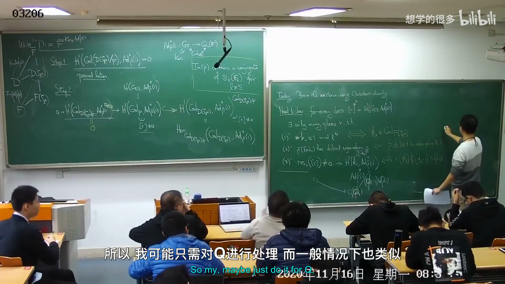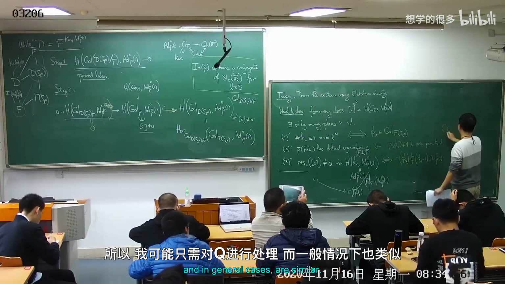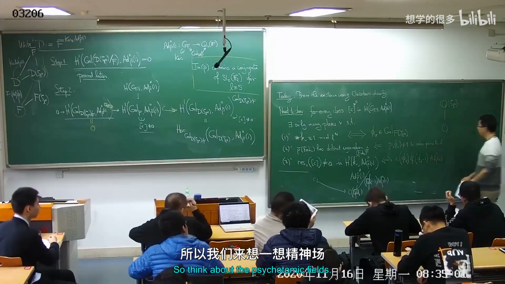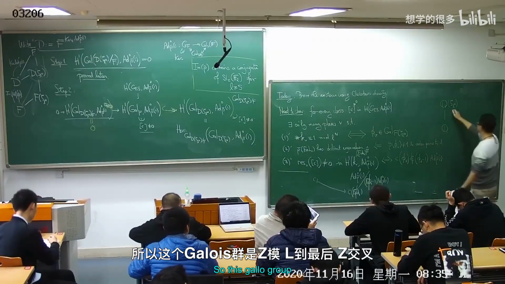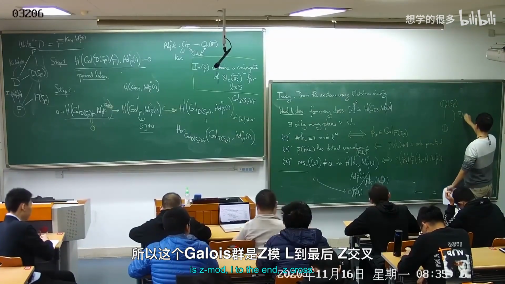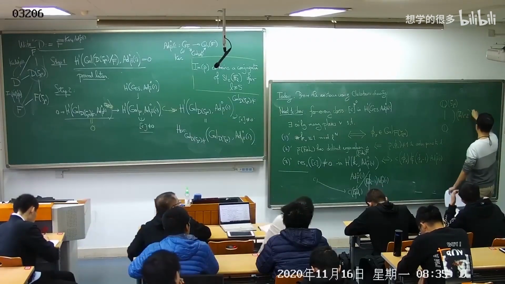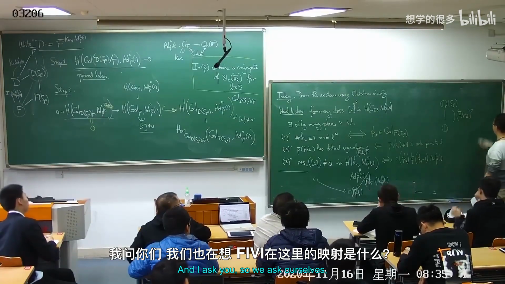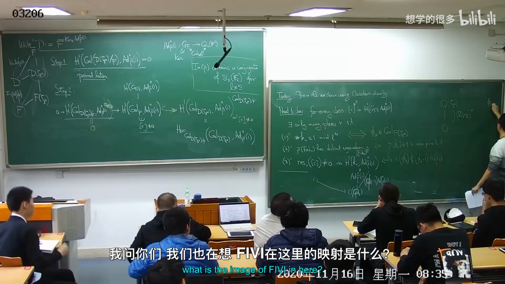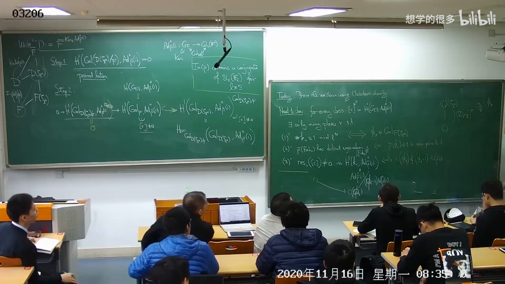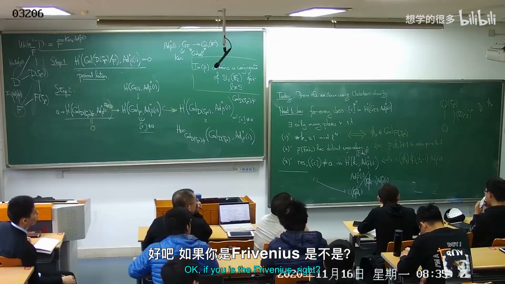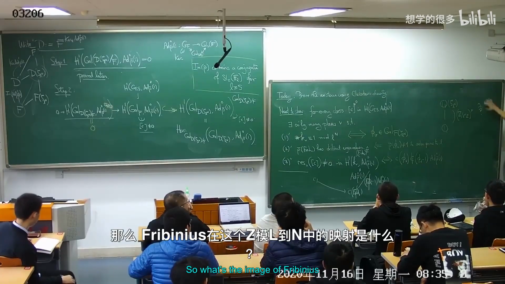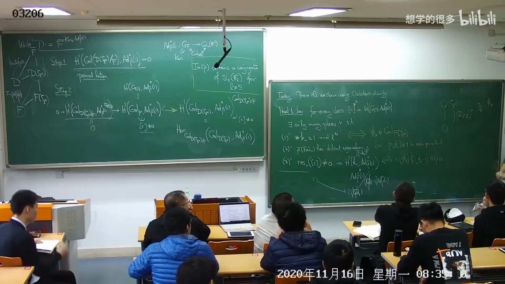Maybe just do it for Q, and the general cases are similar. So this Galois group is (Z mod L to the N Z) cross. And we ask ourselves, what is the image of phi v in here? Phi v is the Frobenius, right? What's the image of Frobenius inside this Z mod L to the N Z cross?